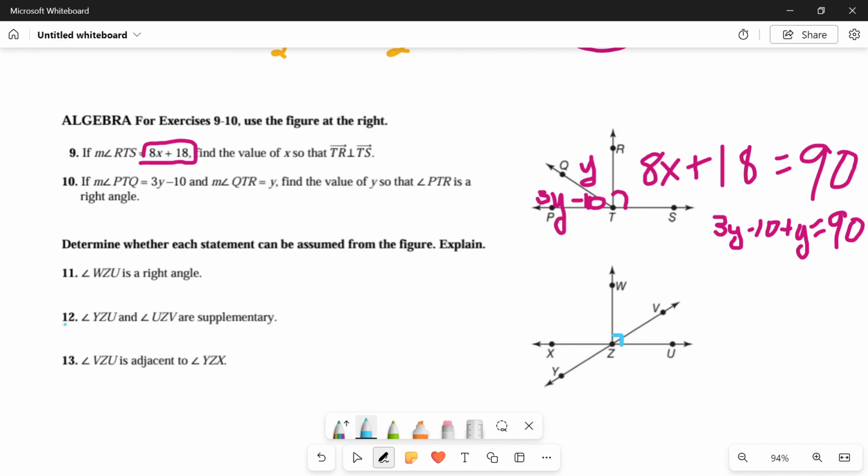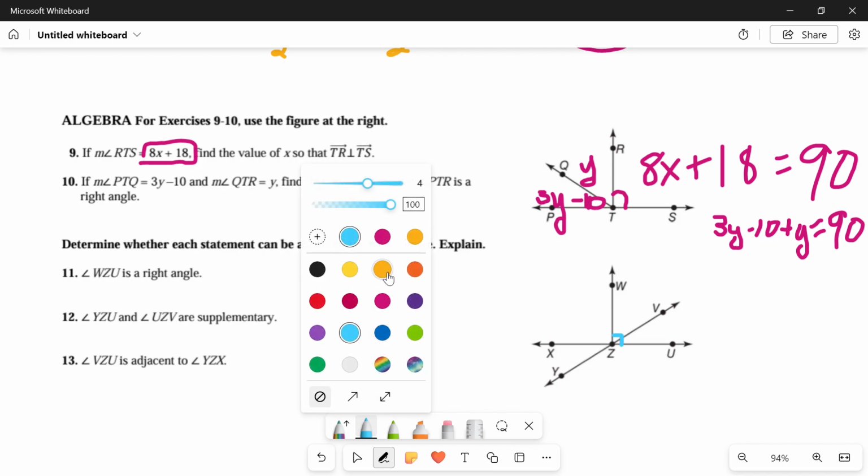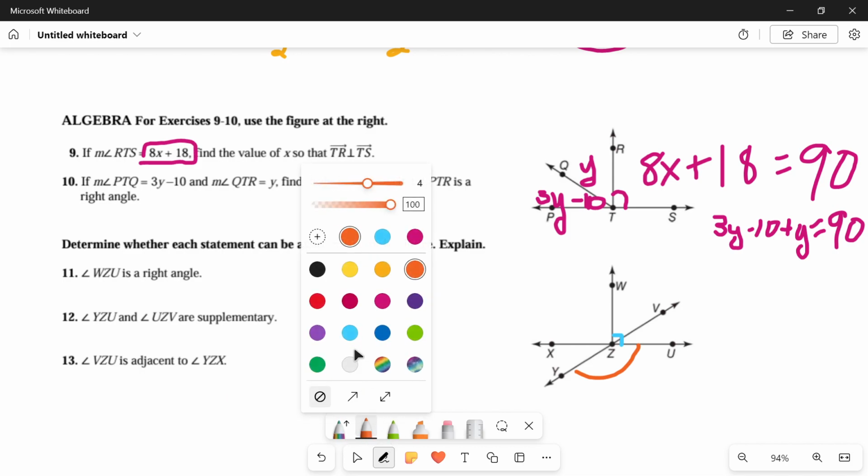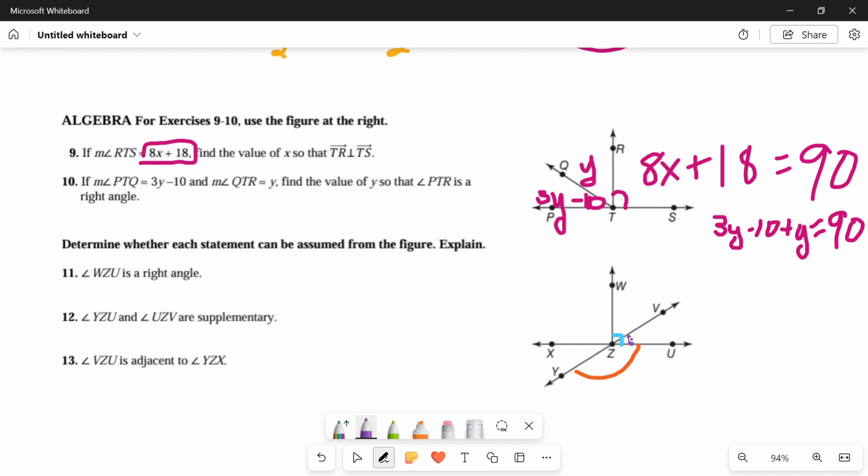Now it says, what about YZU? So let me mark this with another color here. YZU, that's that angle, and UVZ, are they supplementary? So here is UVZ, it's this angle. So is this orange one and this purple one supplementary?